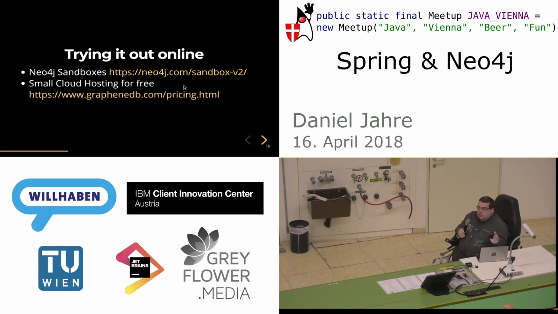For example, the Russian Twitter troll data, there's a ready-to-go sandbox. There's also a sandbox featuring the Trump administration, so you can see everybody who's connected to the current US president, if you're interested in something like that.